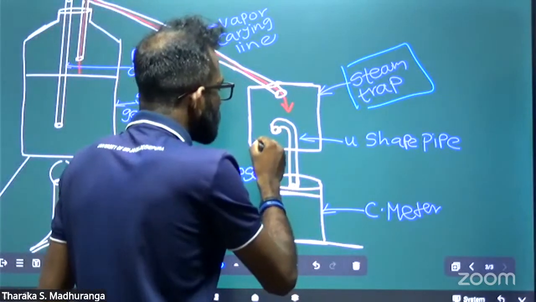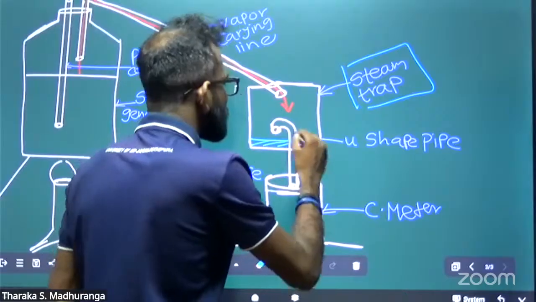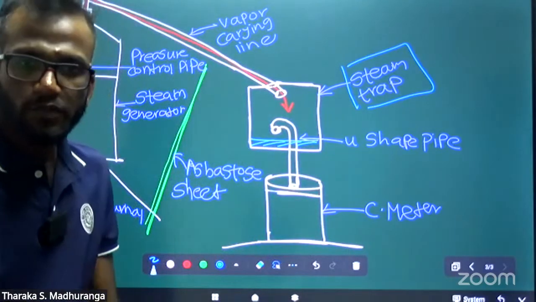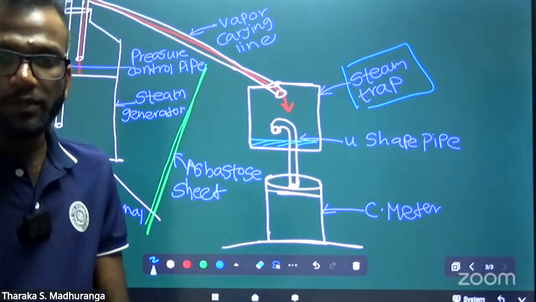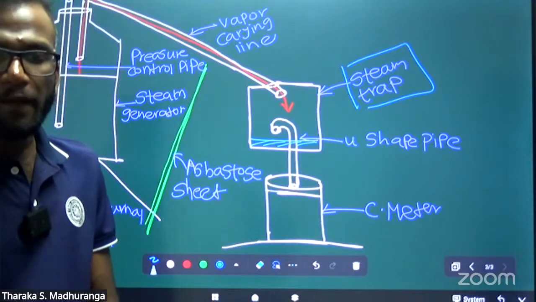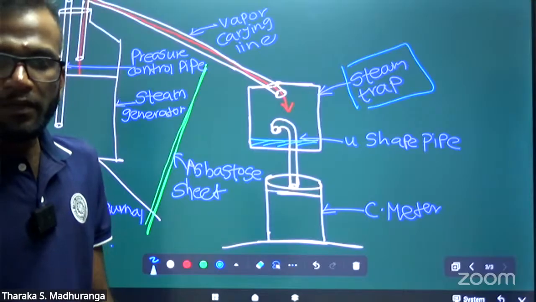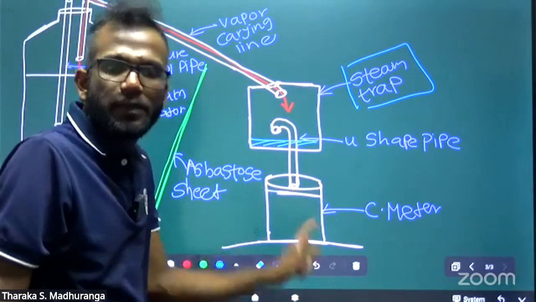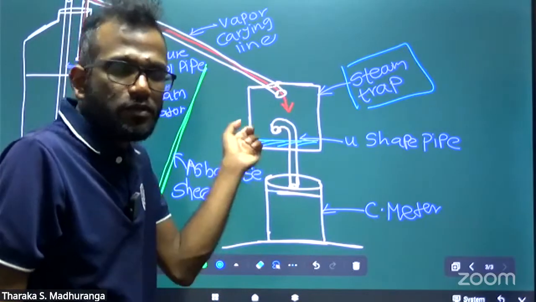See what happened: the water collects here, and only vapor goes through this line. Understood the function of this steam trap? The water is held and only vapor goes through this line.